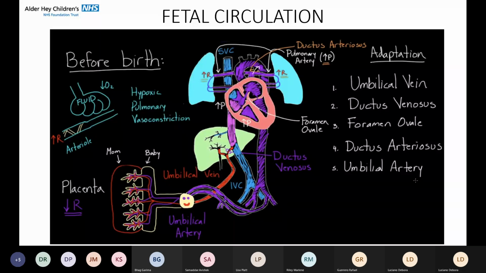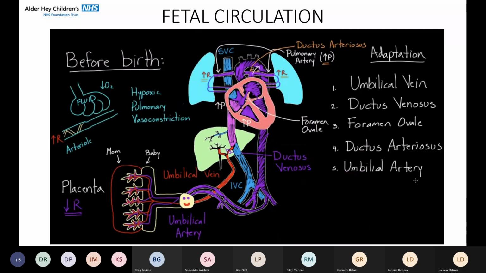Remember, because of the high pulmonary vascular resistance, only about 12% of the RV output enters the pulmonary circulation. The rest, roughly 88%, crosses the ductus arteriosus and into the descending aorta, and then to the lower part of the body, which is supplied with relatively desaturated blood.